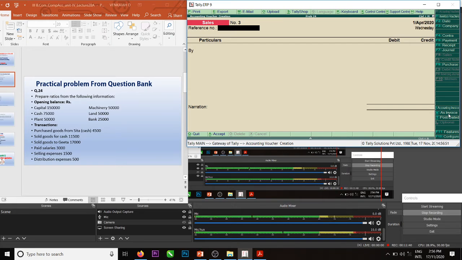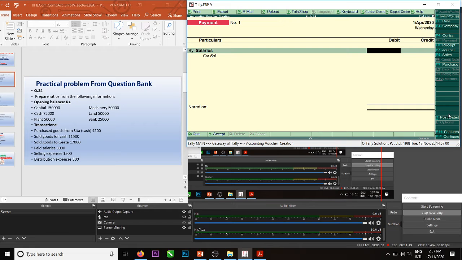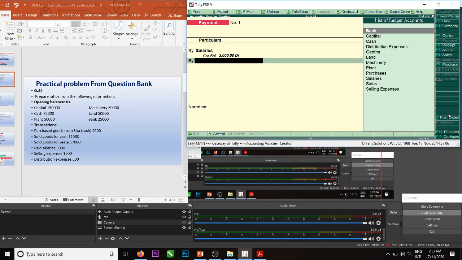Next to expenses, payment, F5, salaries, amount is 3,000. I'm entering, I'm passing all three at a time.